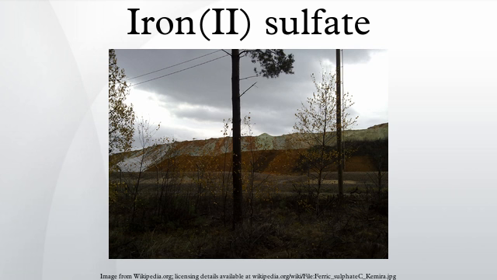Like all iron(II) salts, iron(II) sulfate is a reducing agent. For example, it reduces nitric acid to nitrogen oxide and chlorine to chloride: 6 FeSO4 + 3 H2SO4 + 2 HNO3 → 3 Fe2(SO4)3 + 4 H2O + 2 NO; 6 FeSO4 + 3 Cl2 → 2 Fe2(SO4)3 + 2 FeCl3.